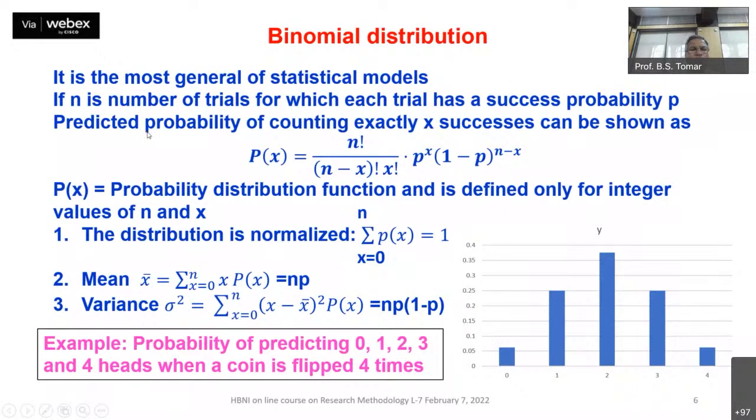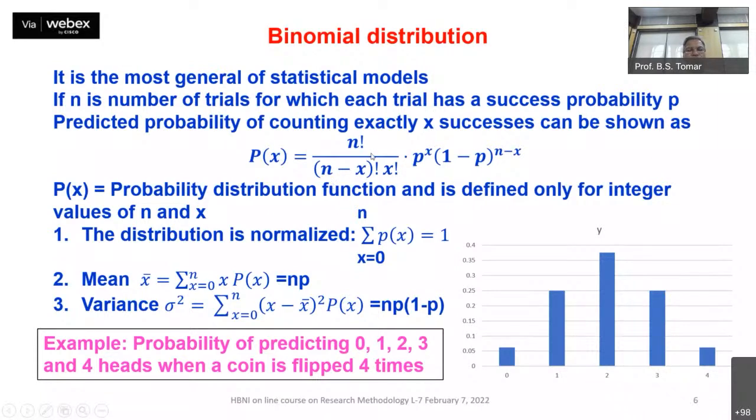Then the predicted probability of counting exactly x successes we can show in terms of the binomial distribution, according to which the probability for x as an outcome is n factorial upon n minus x factorial into x factorial. Here n factorial is n into n minus 1 and so on up to 1. And p is the probability of that particular outcome, and 1 minus p is the failure, this is the success, with the power of x and n minus x.